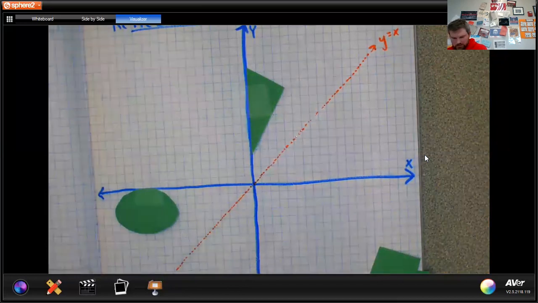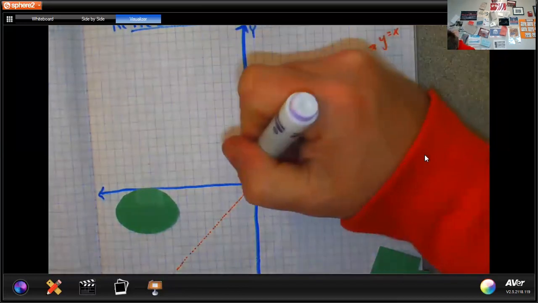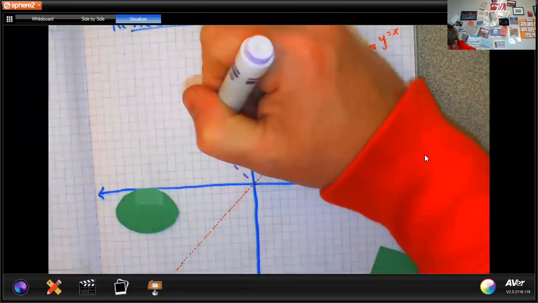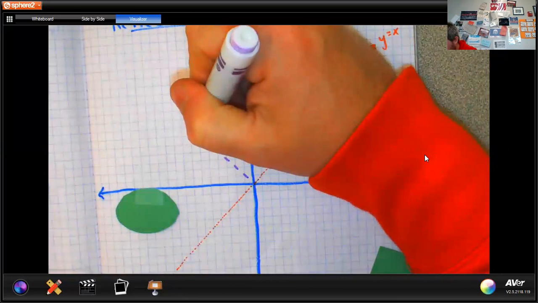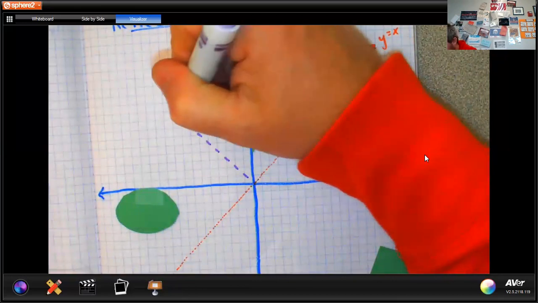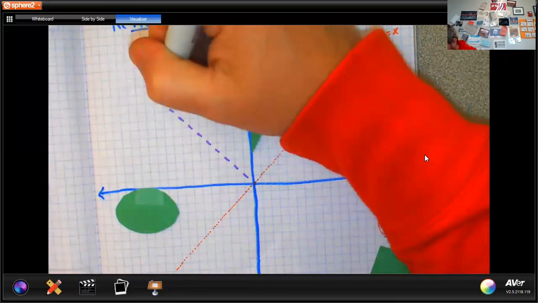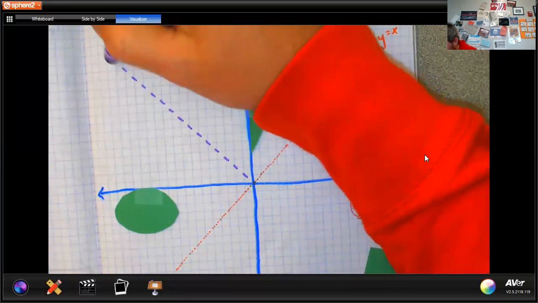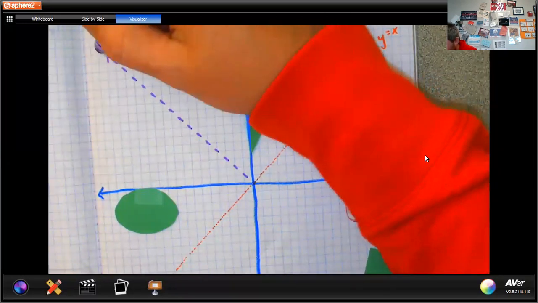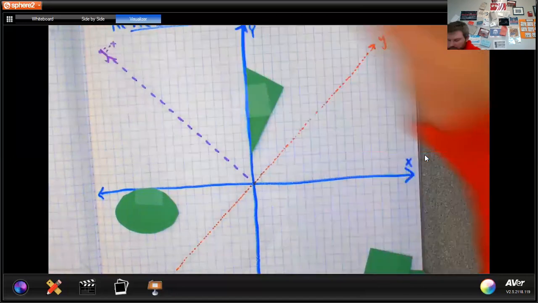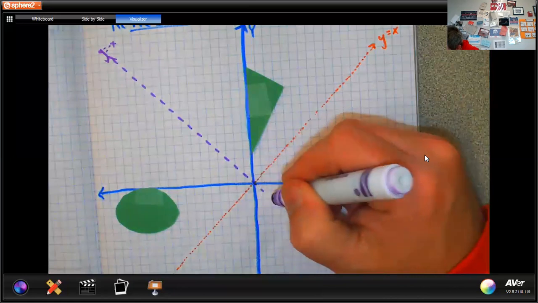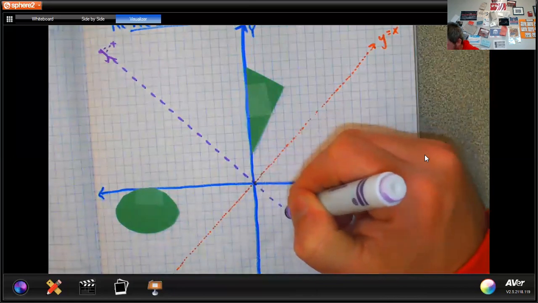Okay, that's enough. And then the next one goes this way, and I'm going to mark it just a little bit differently. These are two other special lines. This one is y equals negative x. These are two special lines that we're going to do reflections over.